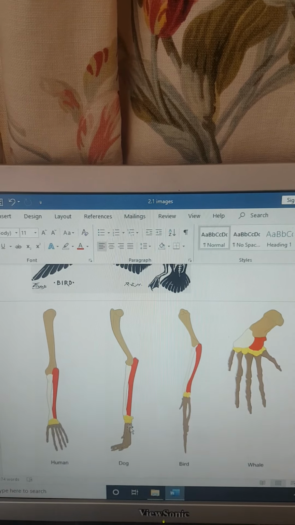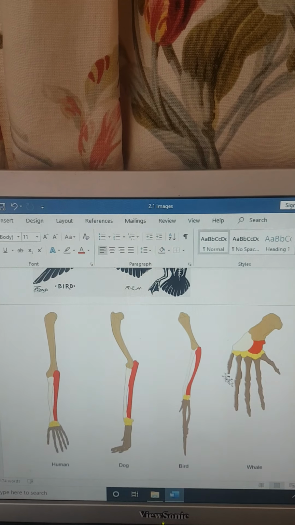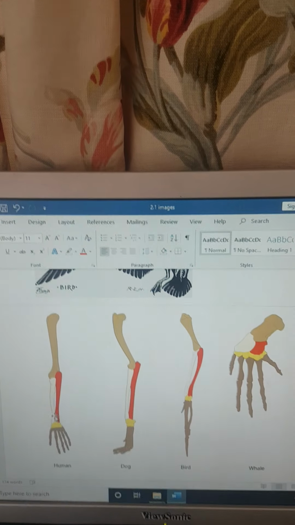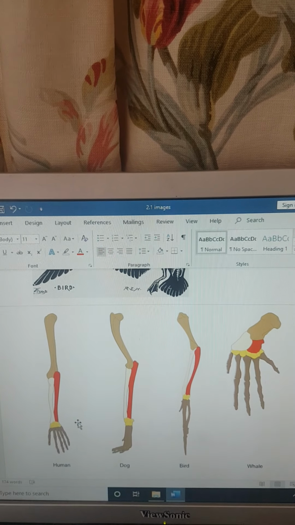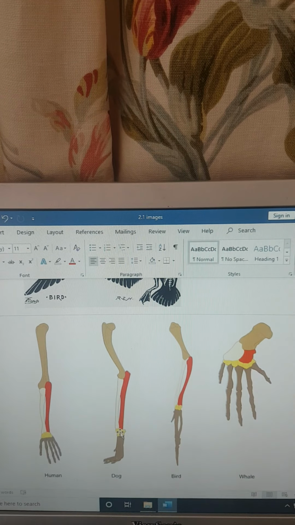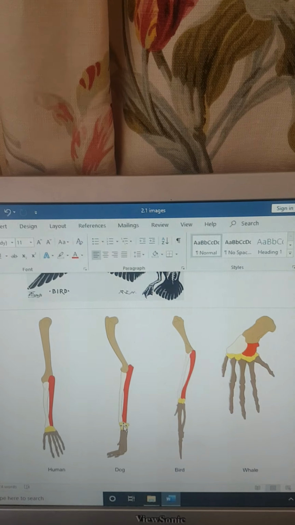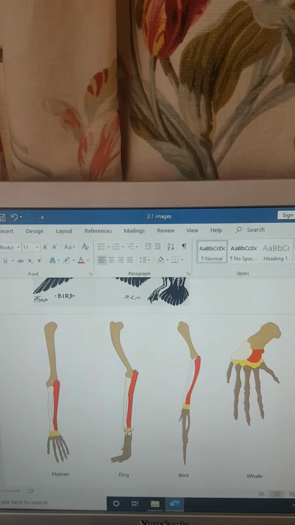Even on this, you can say, well, human, dog, whale, which one of these 3 is the odd one out? Which one is more different to the other 2? It's not fully precise, it's slightly subjective.